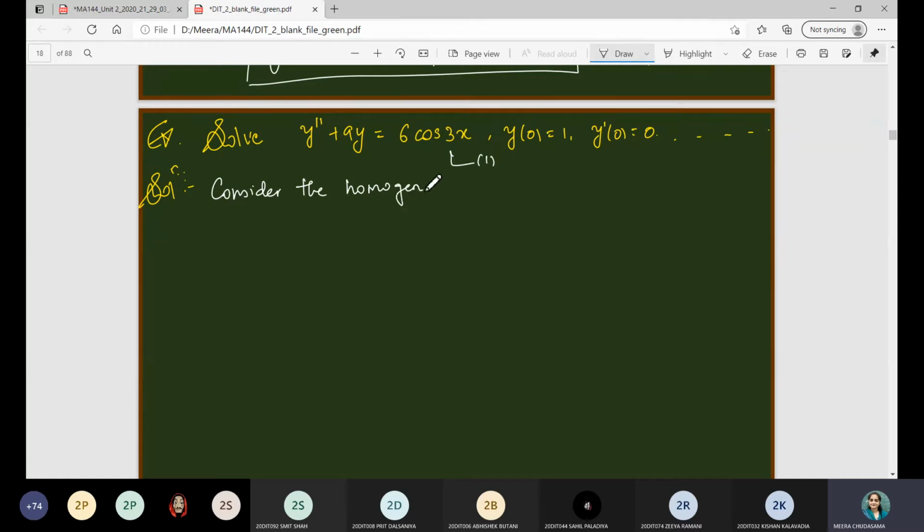Plus or minus 3i. Yes, correct. So what will be the complementary function here?